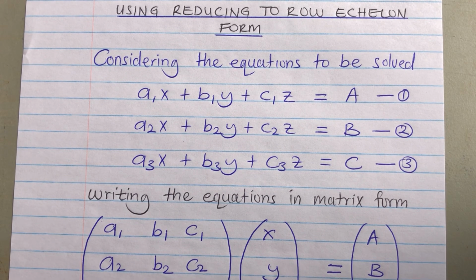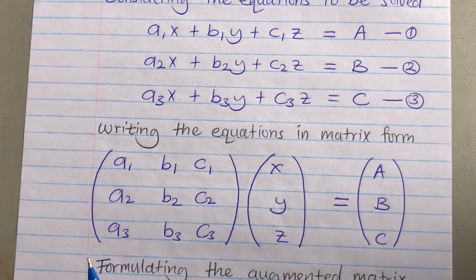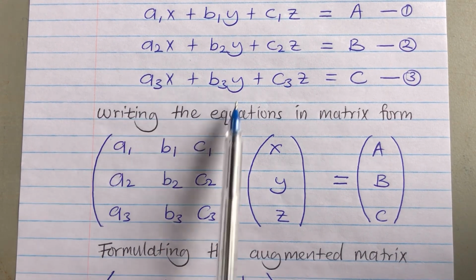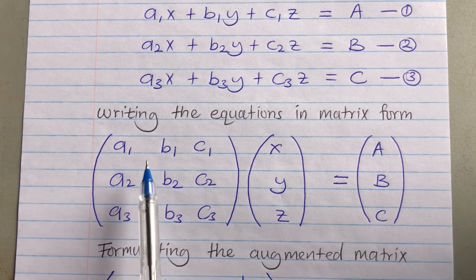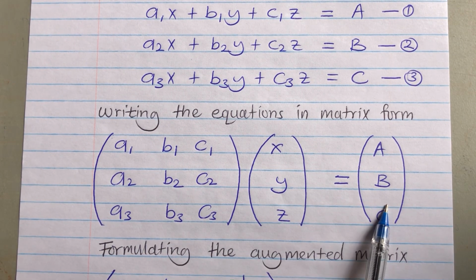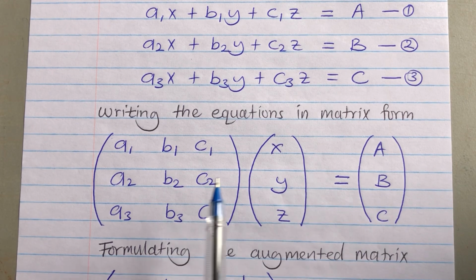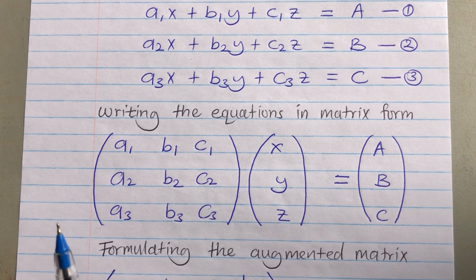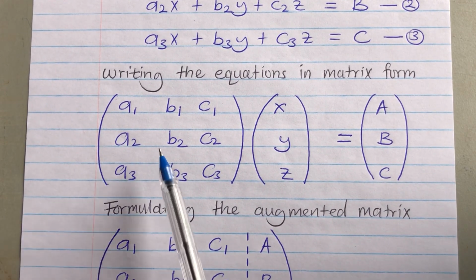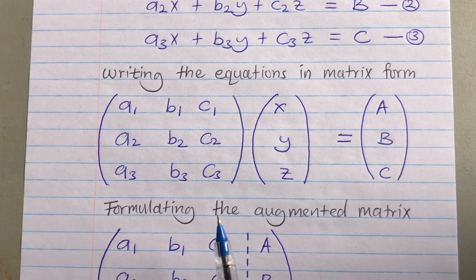The first step is to write the equations in matrix form by considering their coefficients and the variables and their respective answers. So we form equations in matrix form just like the way you see here.